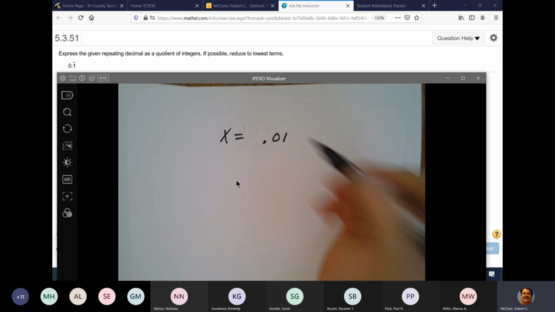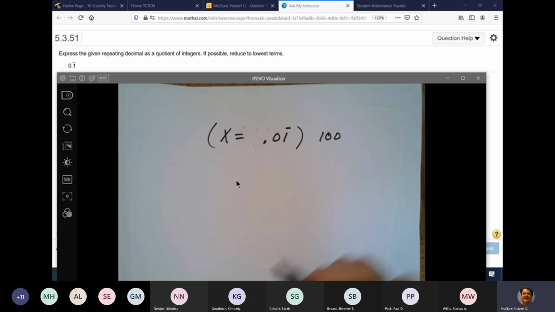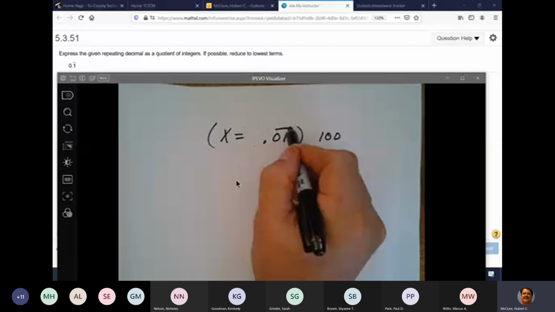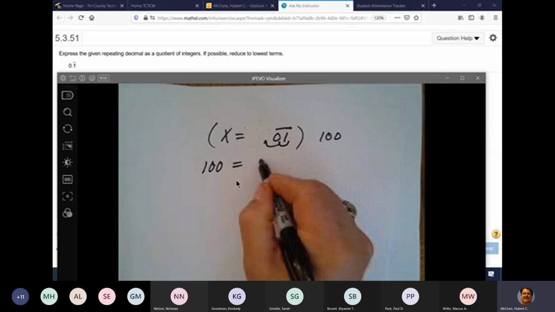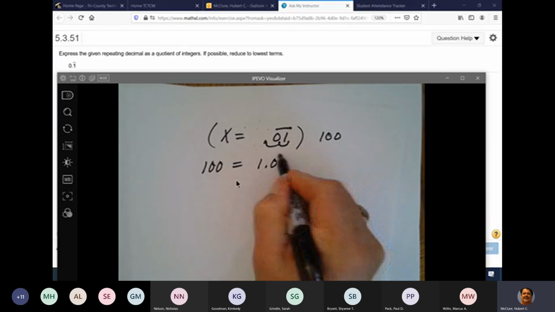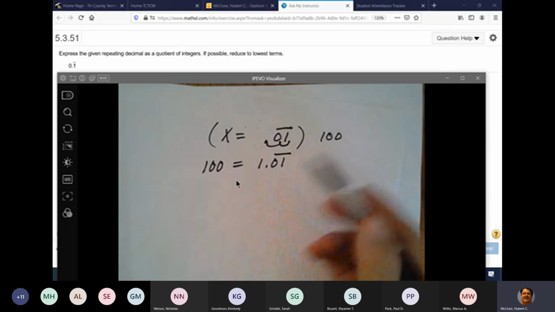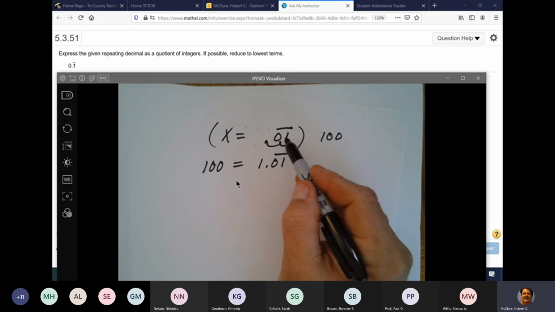Then I would multiply the whole thing by 100, and I would get 100x is equal to 1.01 repeating.